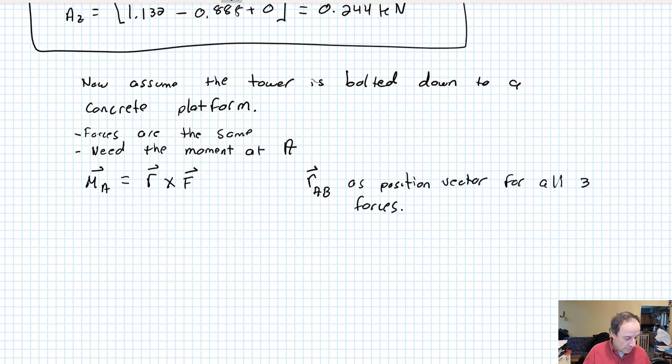So you only have to find one position vector. And RAB is a particularly easy position vector. It's just 70j, because it's coincident with the y-axis.